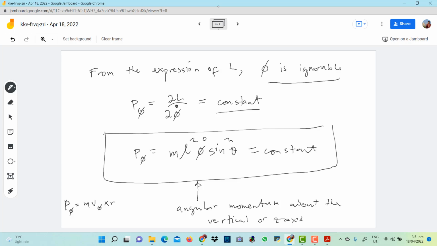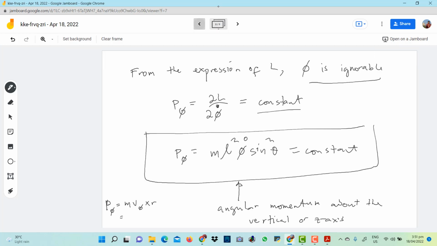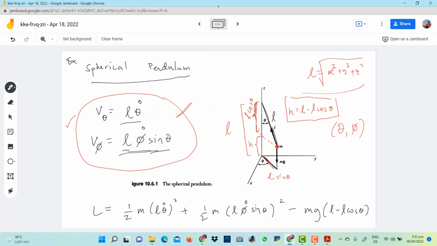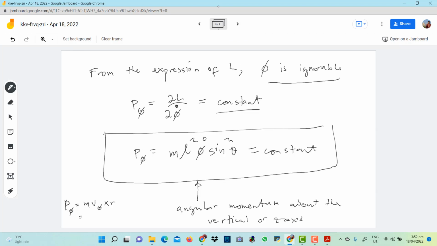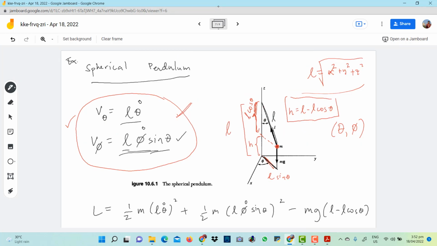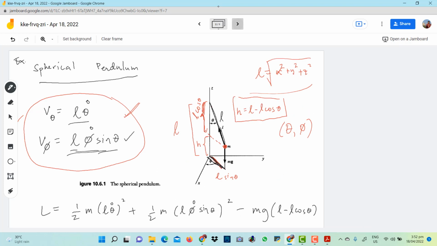As you can see, the v phi is given. The v phi is L phi dot sine of theta. And your r here is the length of kaning length, not the L, but kaning length. Kaning length is L sine of theta.